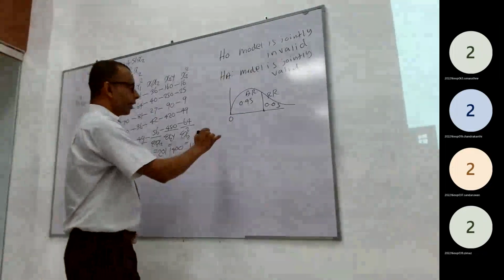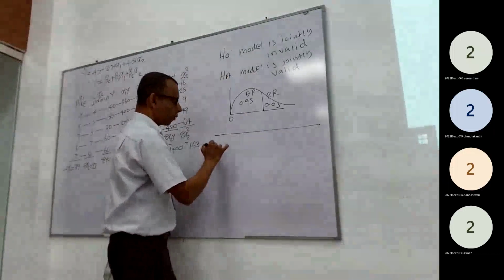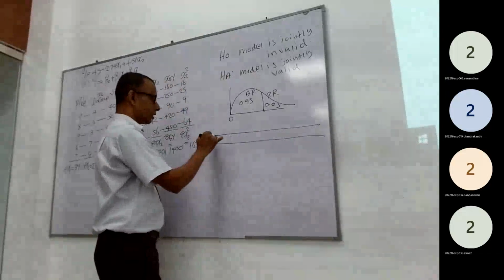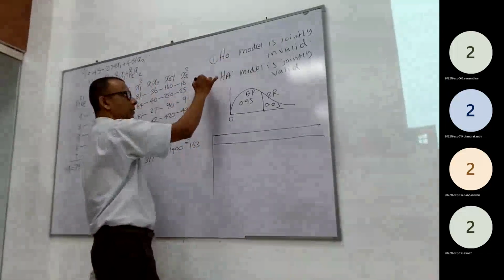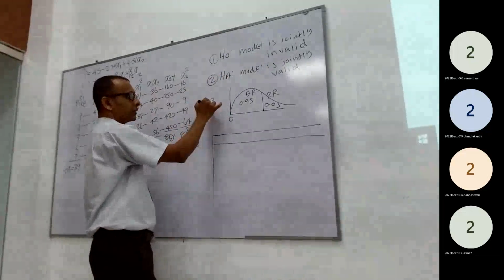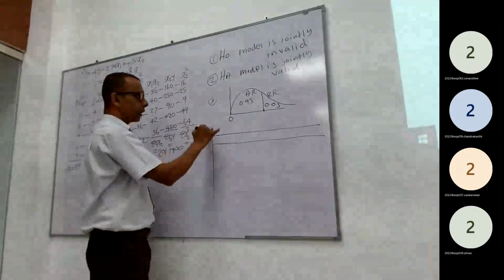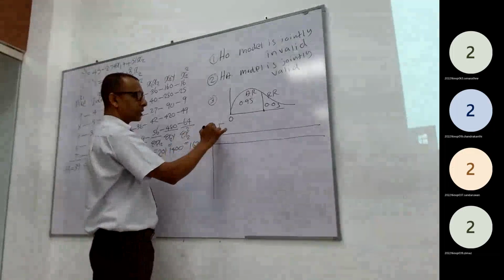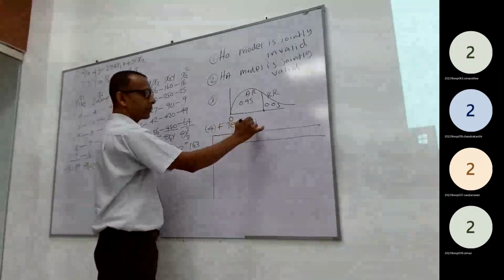Now the ANOVA F test statistic. So this is your step 1 null hypothesis, step 2 alternative hypothesis, step 3 acceptance and rejection region from the F distribution. Step 4, calculate the F test statistic.